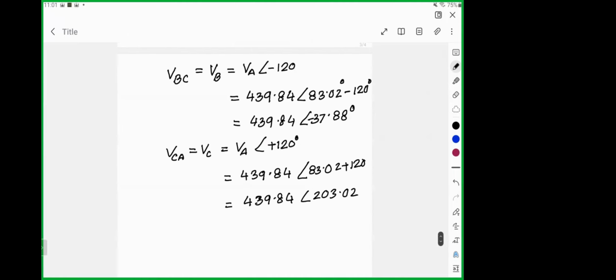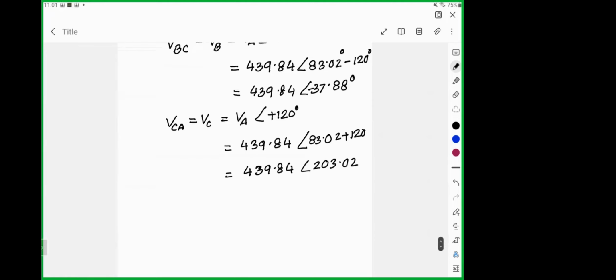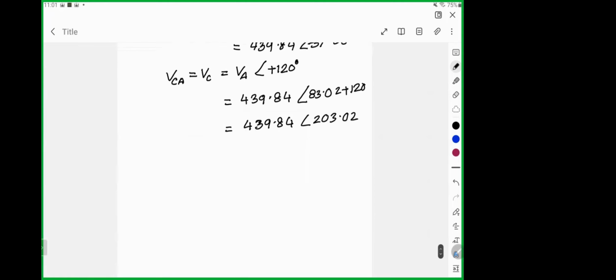Okay, now the phasor diagram of the voltages. You should all be able to draw the phasor diagram of the voltages. This is not asked in the question, but it may be asked, so we will always do the phasor diagram.